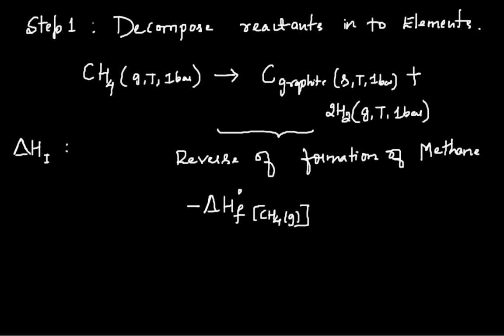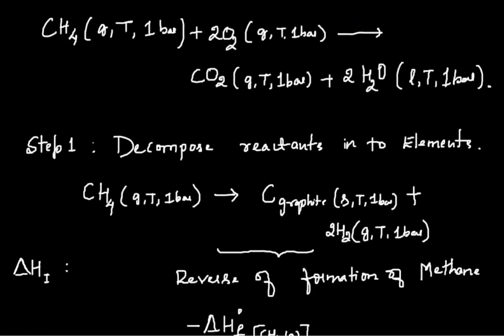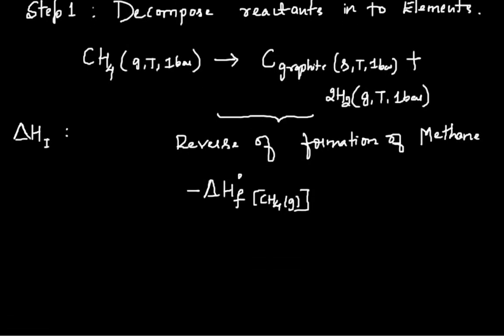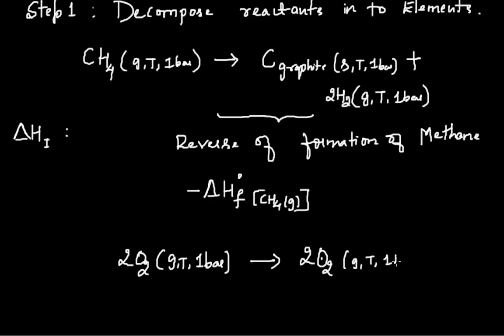Now, is there another reactant? Yes, of course, there is oxygen. So how do we decompose oxygen? Nothing. 2 O2, gas at temperature and 1 bar, can be decomposed to oxygen itself. Nothing complicated about that. Oxygen is the most stable form, so this is pretty simple.